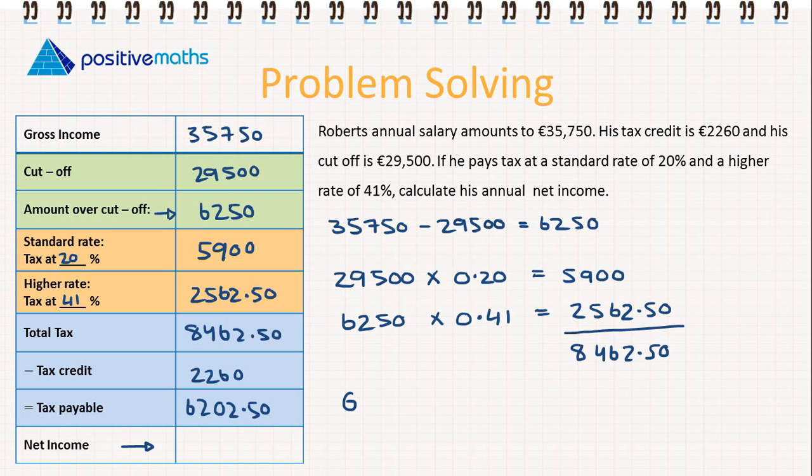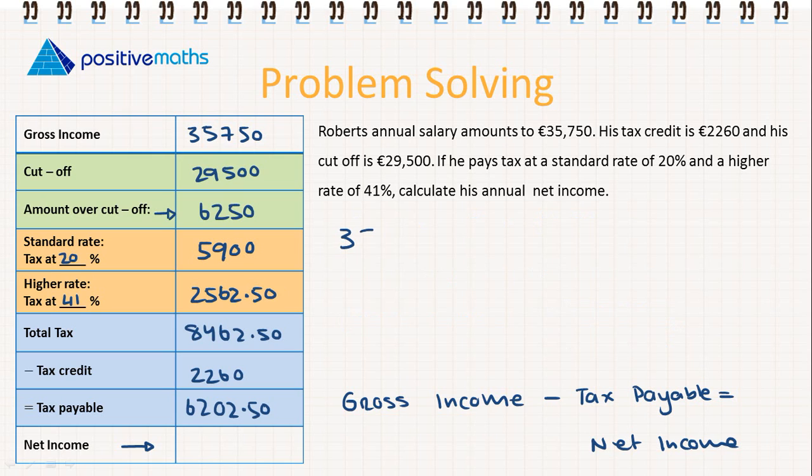Now that we have found that, we want to remember that our gross income minus our tax payable, or our net tax, is going to give us our net income. So we have 35,750 minus 6,202.50, and we're going to get 29,547.50.